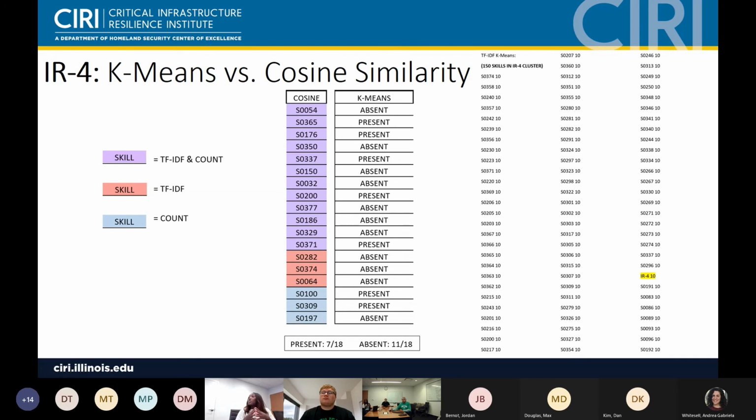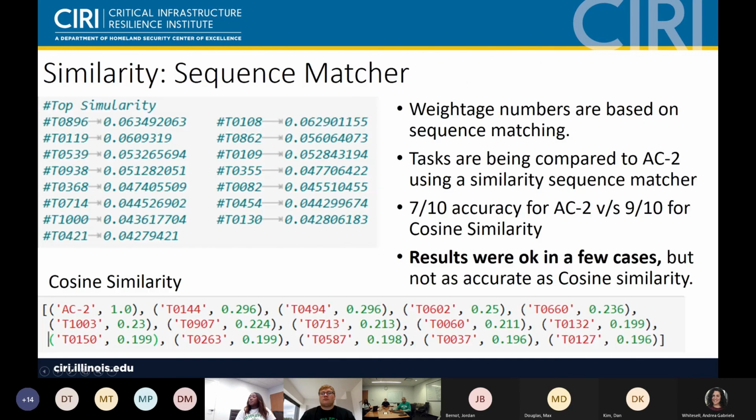As we did that K-means clustering, we got 150 skills, and of that, only 7 of those skills that we found very relevant within the cosine similarity grouping were there, and 11 of them out of the 18 were absent. So it was still not giving us stable data or findings.